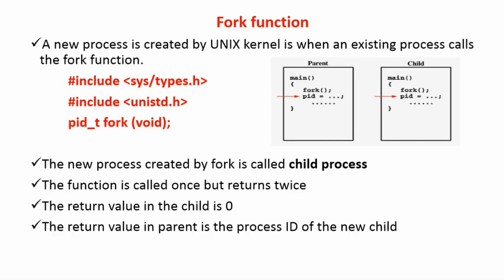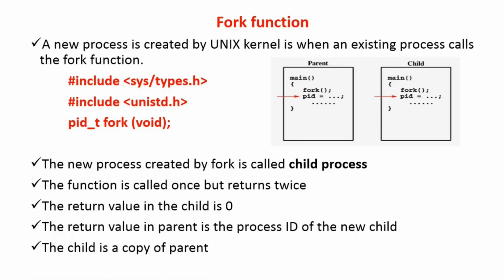The return value in the parent is the process ID of the new child. So once the fork is executed, it returns two process IDs. If the process ID is 0, that is the child process.